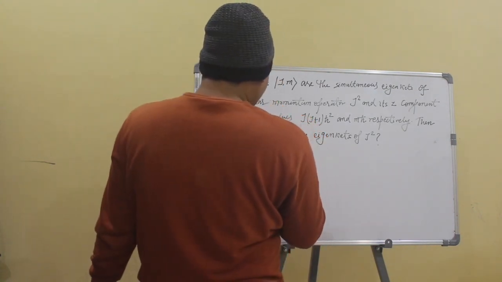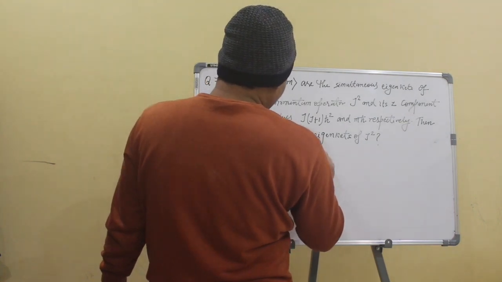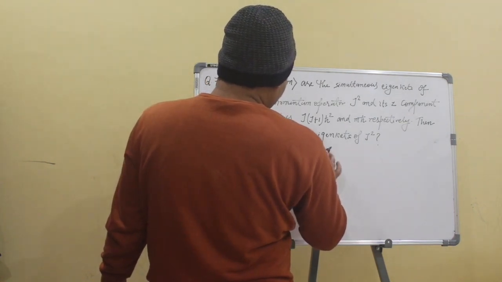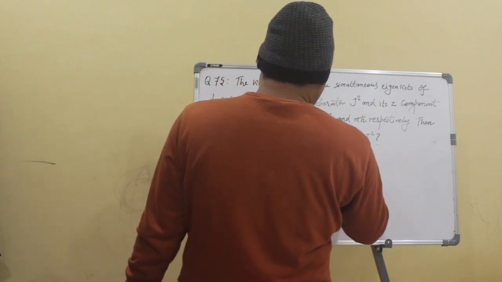So you know that J square operating on |j, m> gives you j(j+1)ħ², right?